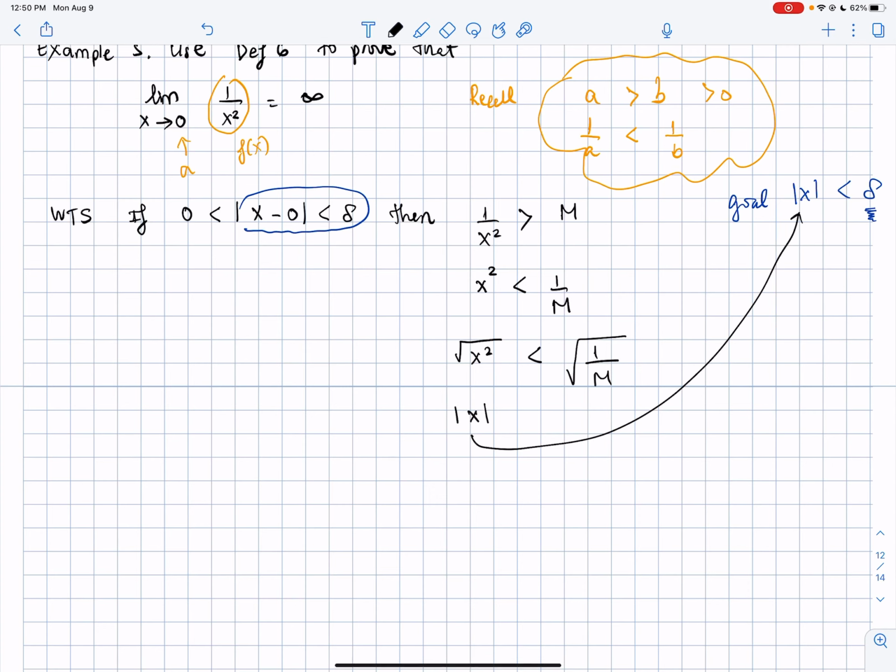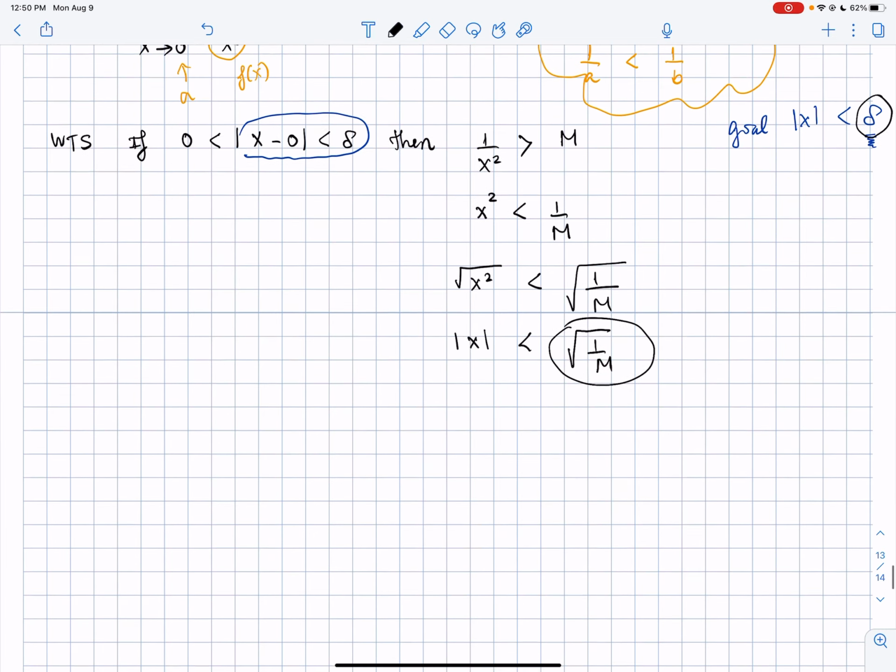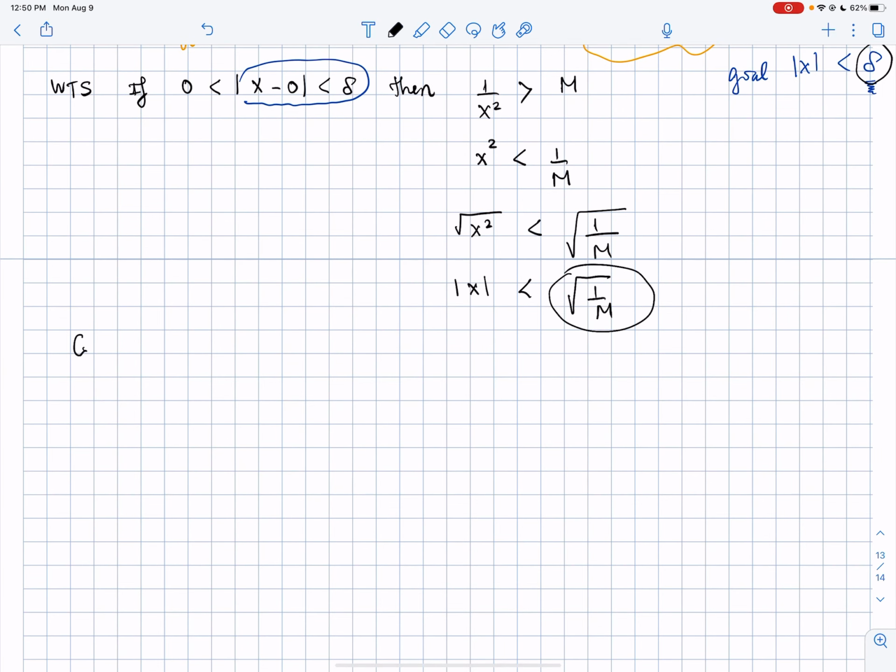So we want absolute value of x less than square root of 1 over M. That means we will choose delta to be square root of 1 over M. So this is step number 2: given every M greater than 0, we will choose delta equal to 1 over square root of M.